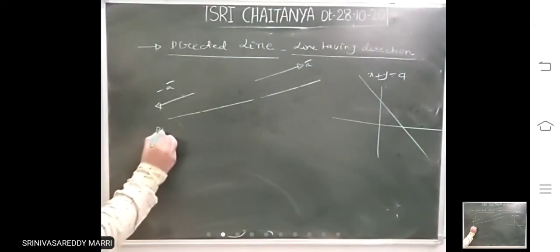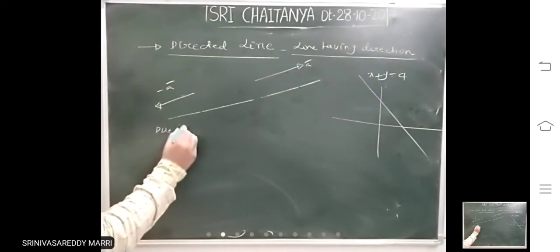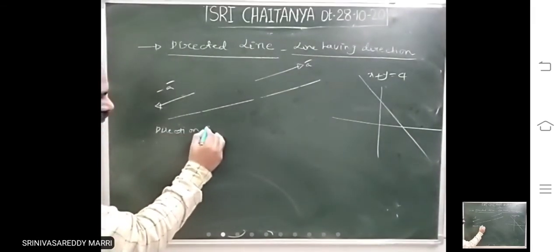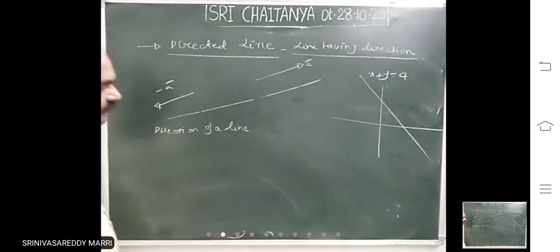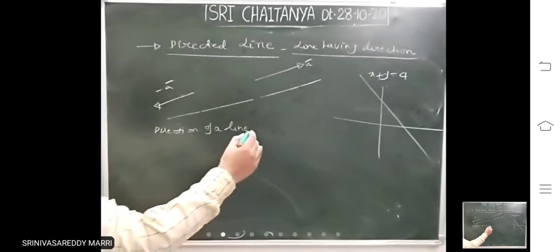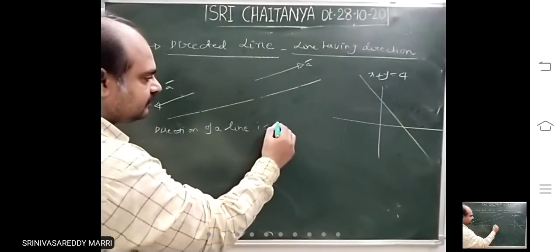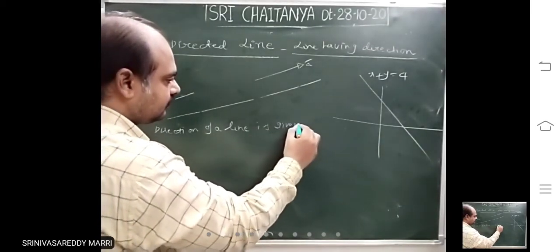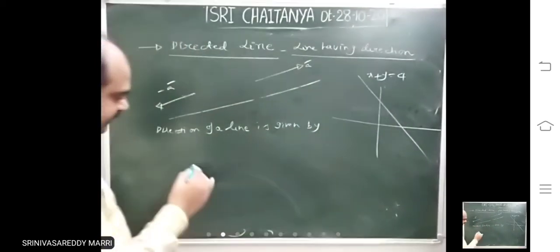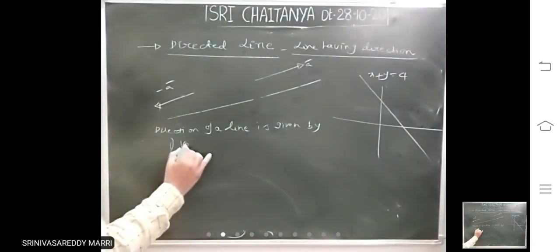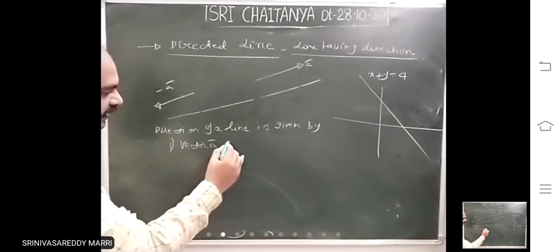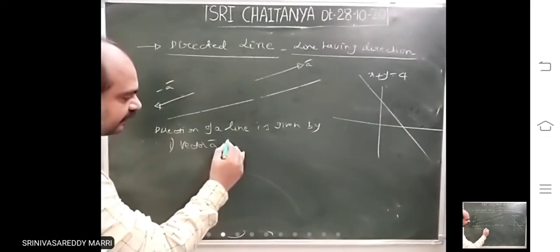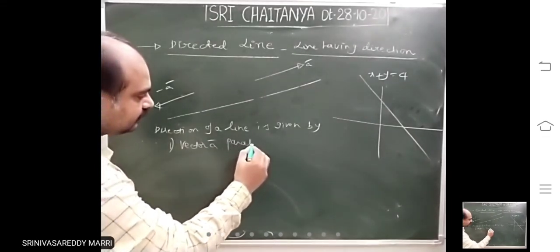Direction of a line is given by a vector A bar parallel to it.